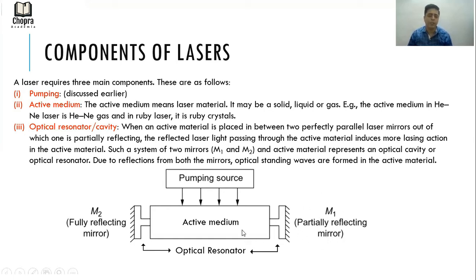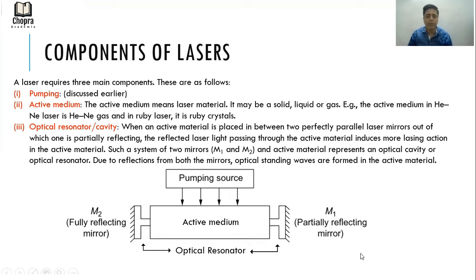So if we have a partially reflecting mirror, then once we get a sufficient amount of coherent photons available to us, say the power of 25 milliwatt is achieved, say I want 25 milliwatt power, the partially reflecting mirror now allows me to pass the light to the output. That is where you see the light. So these are the three very important components of lasers.